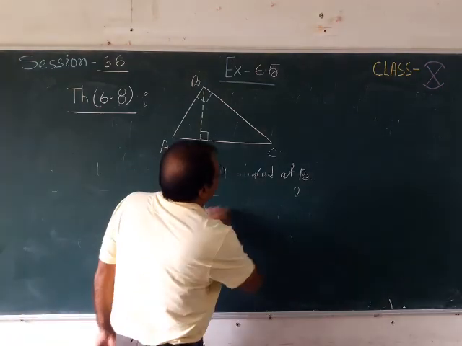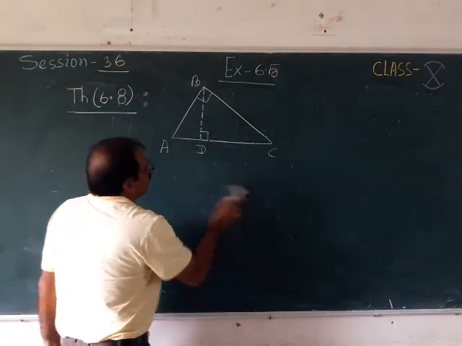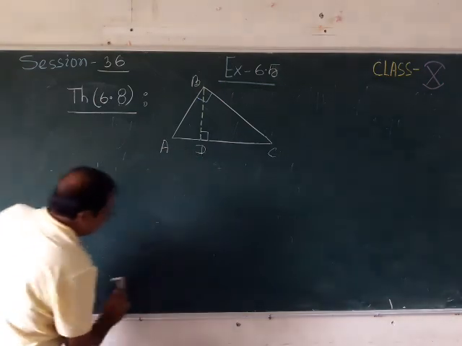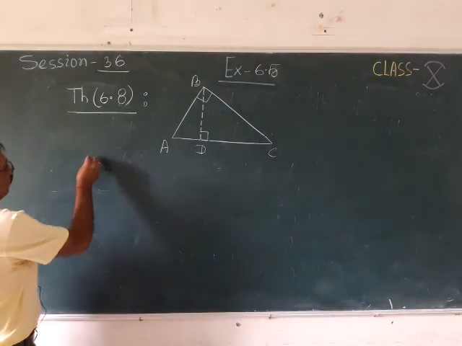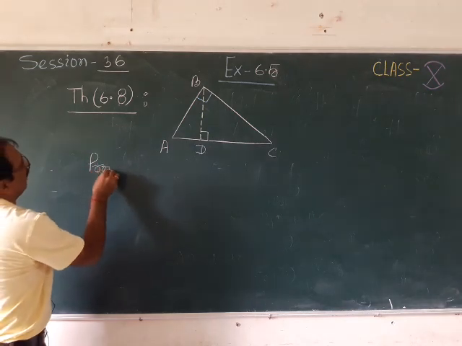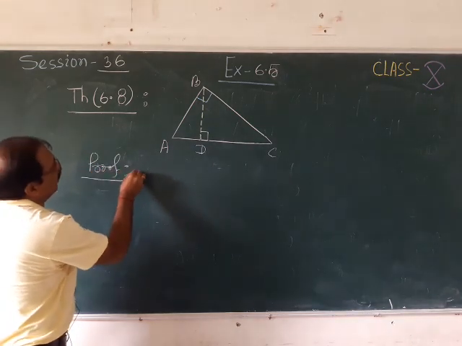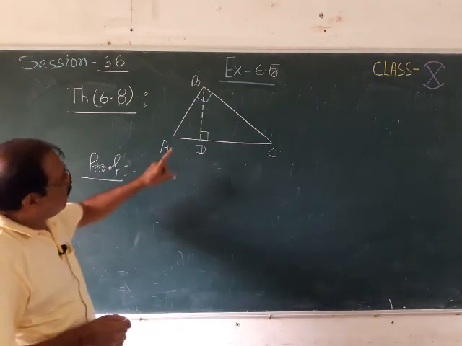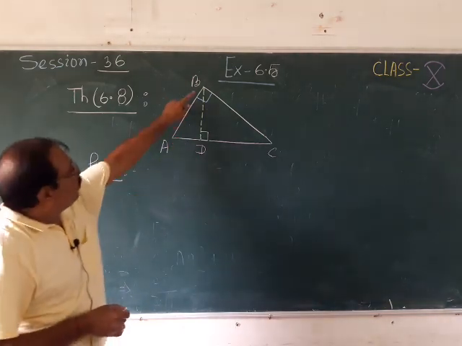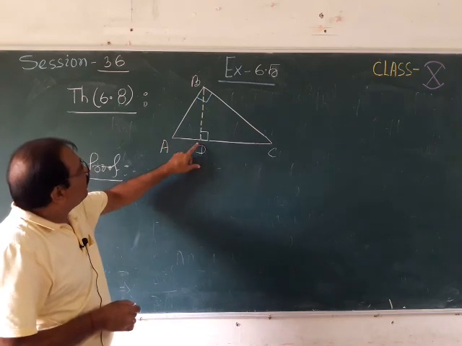So what is given? What is to prove? This you have written already, I hope. After writing it, now I will talk about the proof of this theorem. So now I will talk about the proof. As we are aware that triangle ADB, you can see triangle ADB.